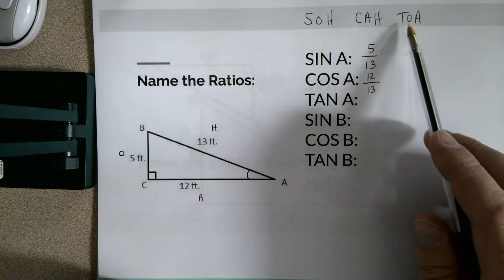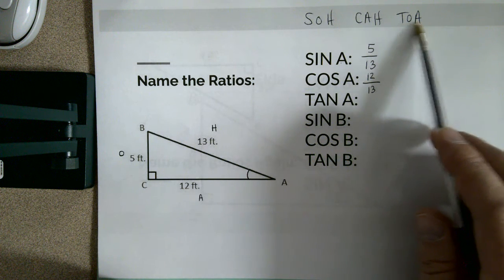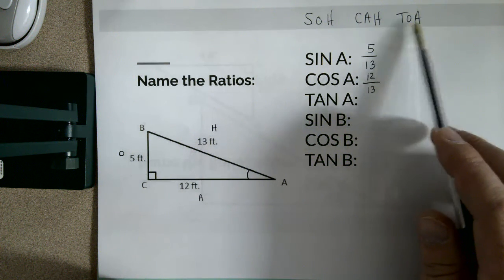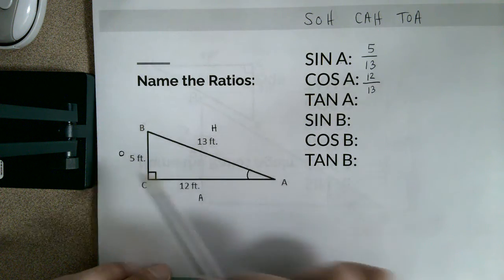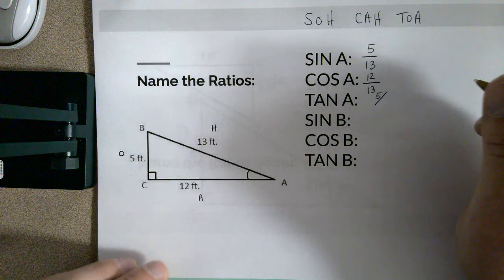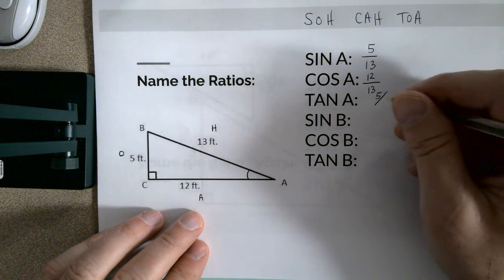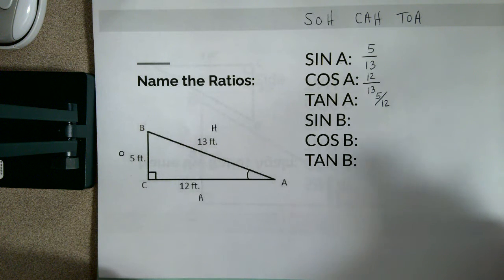Then my last ratio for angle A would be my tangent. Tangent is TOA, so that means opposite over adjacent. My opposite side is 5 and my adjacent side is 12, so that would be 5 over 12.